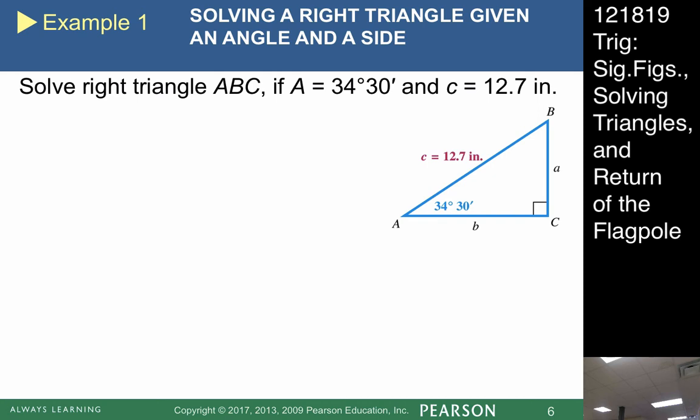Okay, so Lance is doing it this way here. He's saying that 12.7 over 90 equals 34 degrees, 30 minutes over a. Wouldn't it be opposite? That's right. So, oh yeah, sure. Equals a over 34 degrees, 30 minutes.